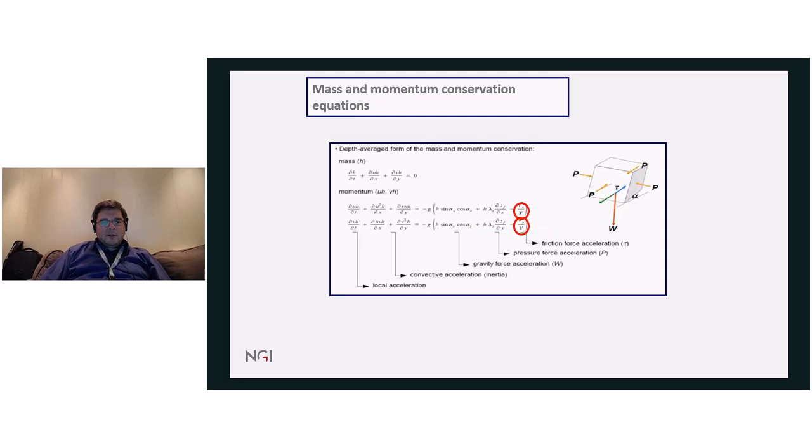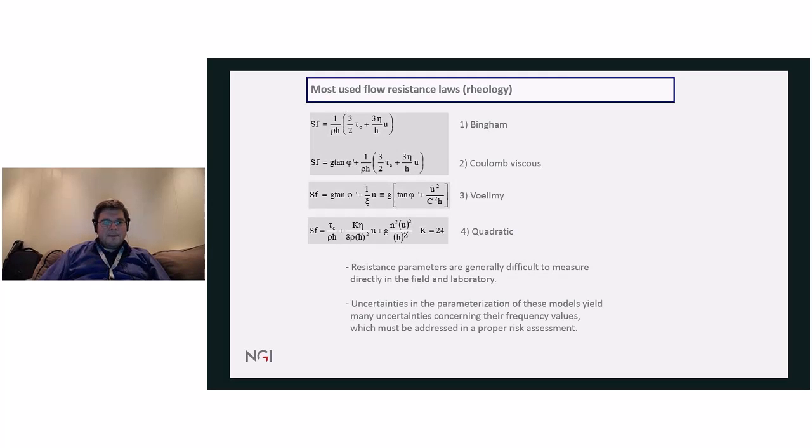In the equations of conservation of momentum, we have some terms that incorporate the rheological or shear stress, which is basically controlled by the rheology. And these are other formulations for the rheologies we were mentioning before. This is another type of rheology, the quadratic, which is used by other models like FLO-2D, for example.